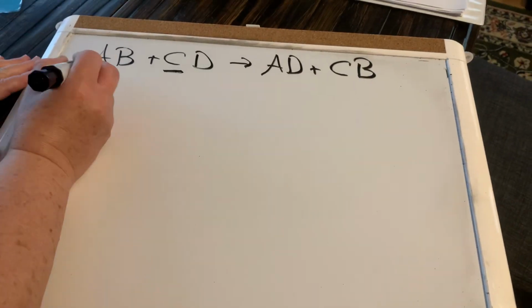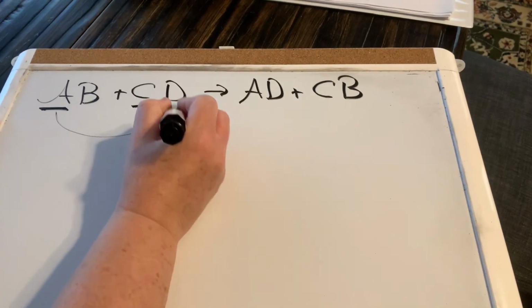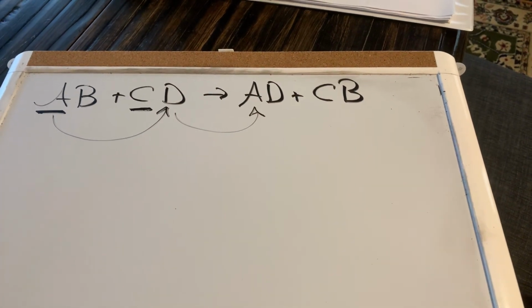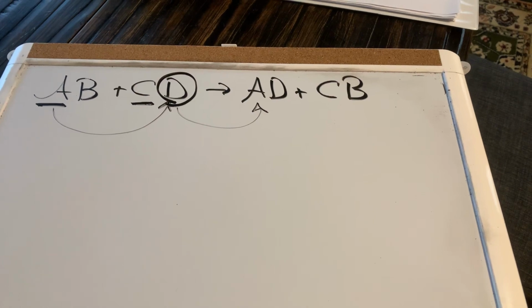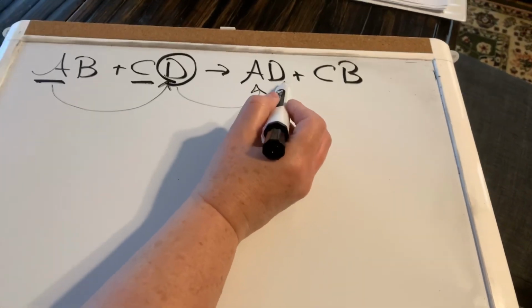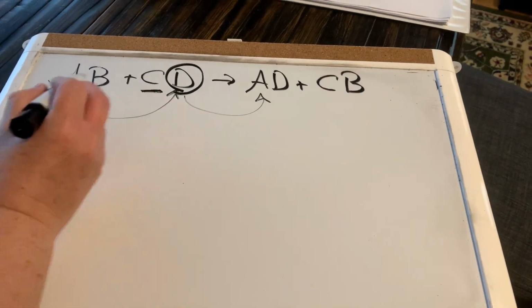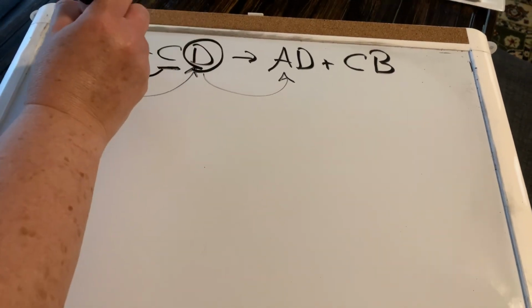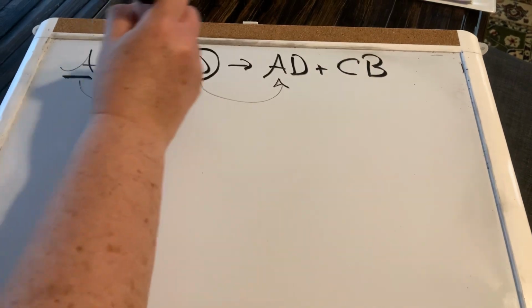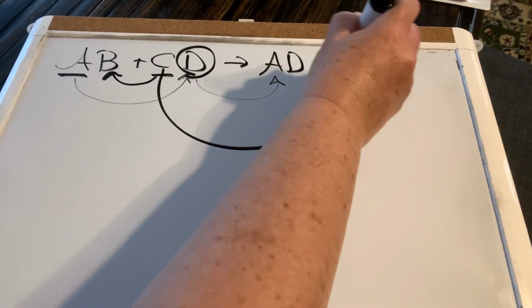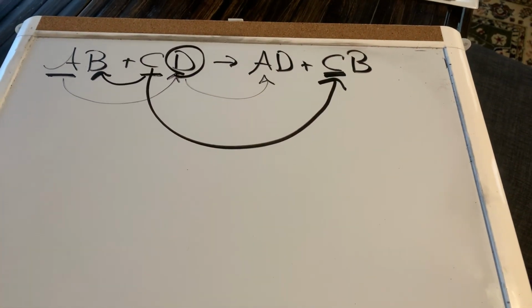When the A goes with the D, you end up with AD. The A goes with the D because the D is negative, okay? So you have positive, negative, right? The C goes with the B because the C is positive and the B is negative. That's why the C over here comes first, because it's positive, okay?